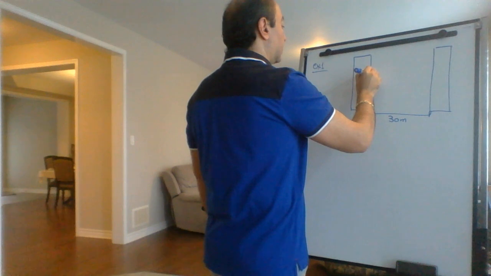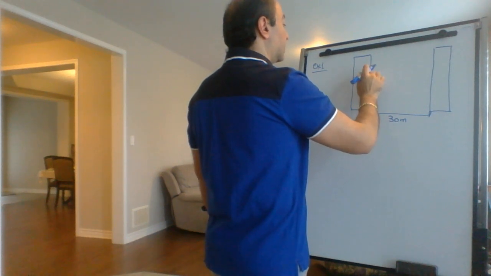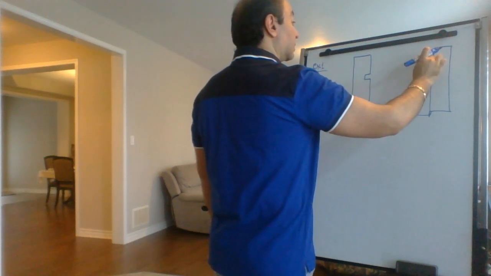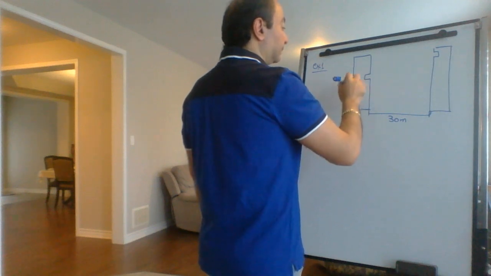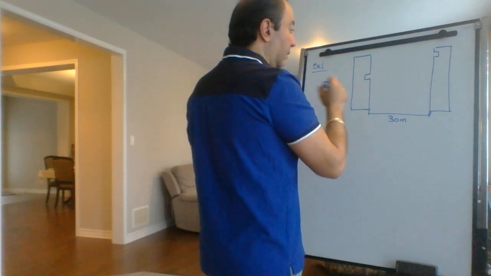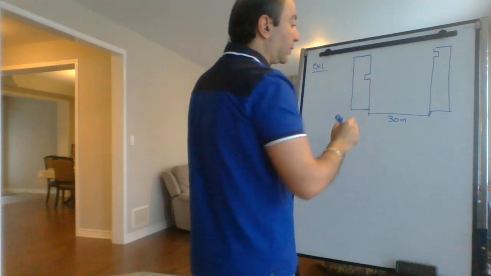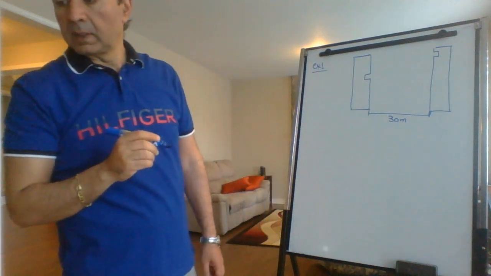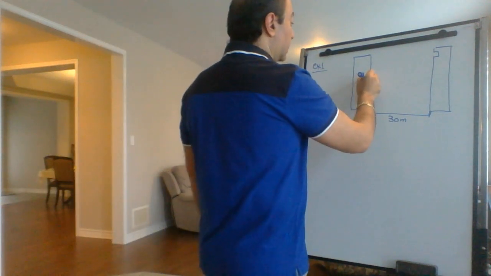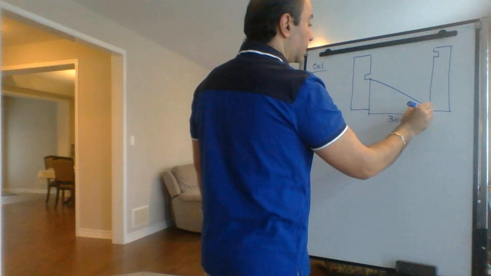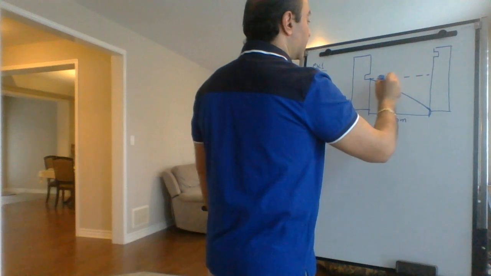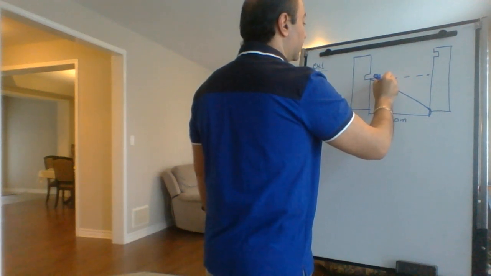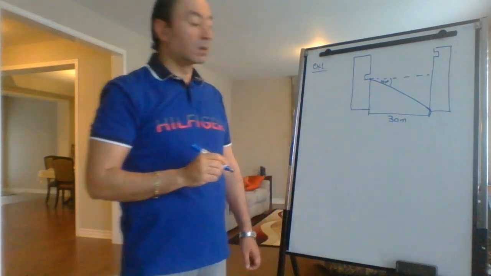Let's say we have a balcony here, somebody standing here, and a balcony here, another person standing here. And the angle of depression from this balcony to the bottom of this building is 40 degrees. This is the angle of depression.